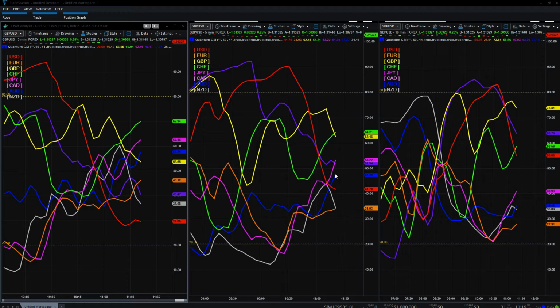So if you were to look at a chart right now on that particular time frame for the Aussie yen, the price action will be in congestion because there's no divergence. In other words, both of these currencies are being bought right now, and therefore there's no differential momentum to drive the currency in a trend.